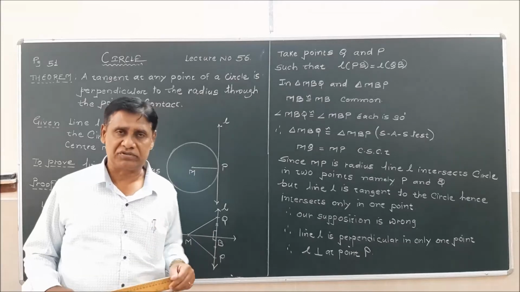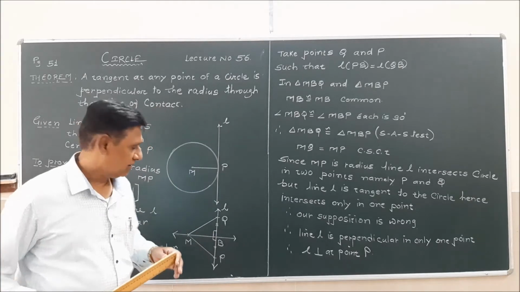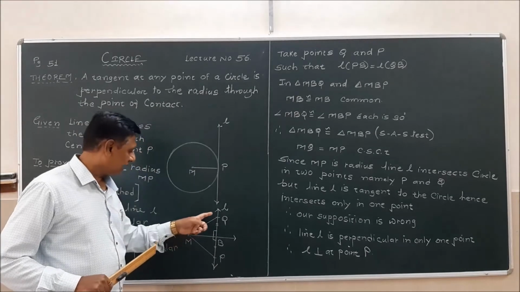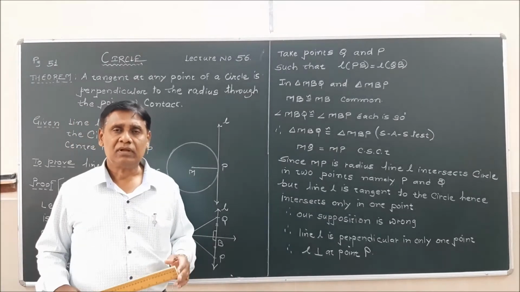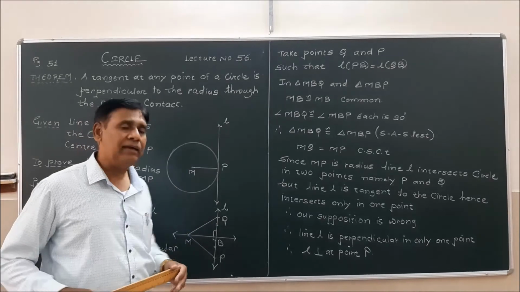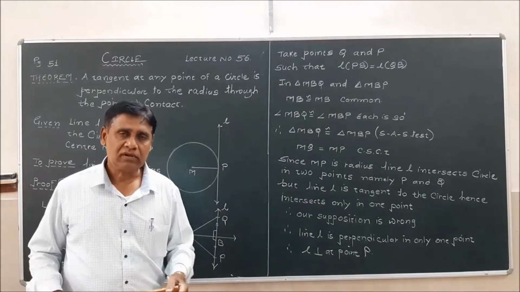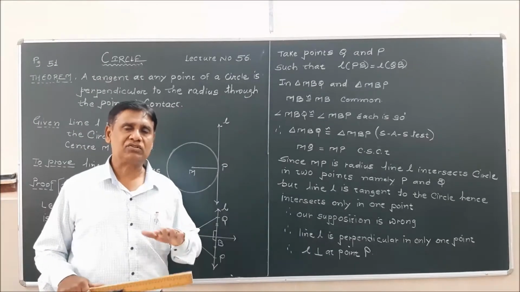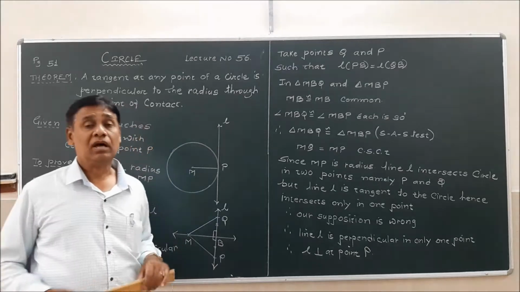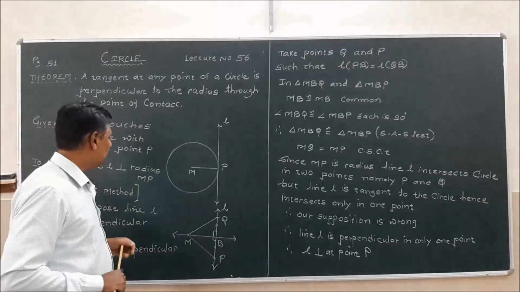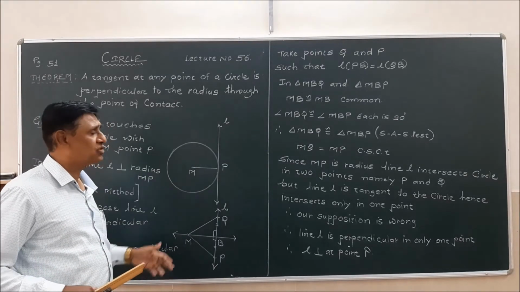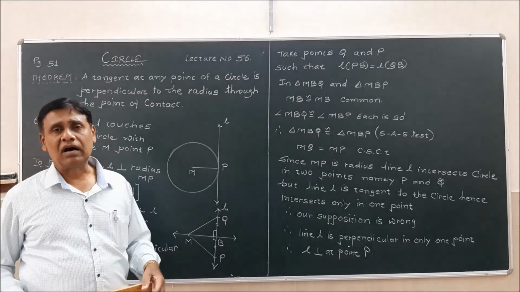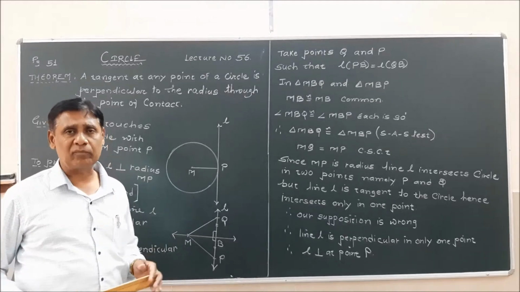If these two triangles become congruent, then obviously you will find that NQ is equal to NP. It is but natural, because NQ and NP are corresponding sides of congruent triangles. But what is NP? NP is a radius, and radius and tangent intersect at one and only one point.